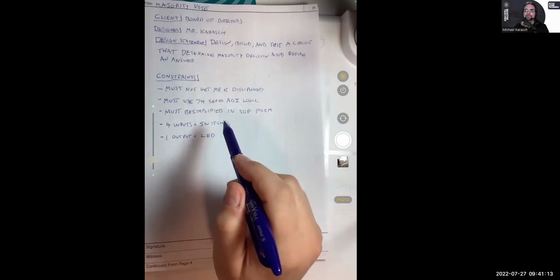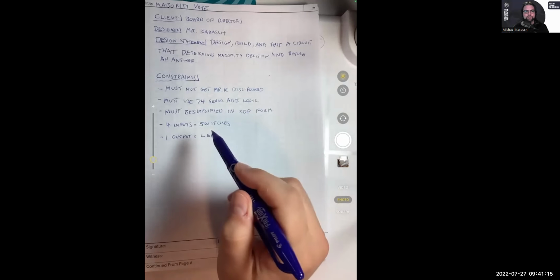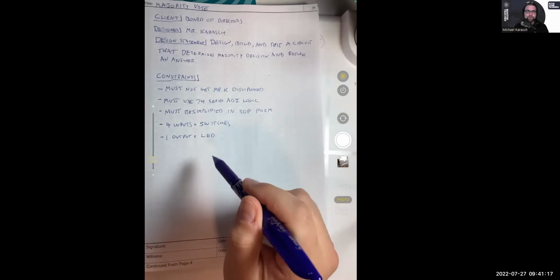Okay, I'm going to pause there for a sec. The purpose of these constraints, the purpose of a design brief in general, is to make sure that me as a client and you as the engineers have very good communication, so that you understand exactly what I want, right? This is not exactly a cover-your-butt thing, like, oh, well, you didn't say that in the constraints.